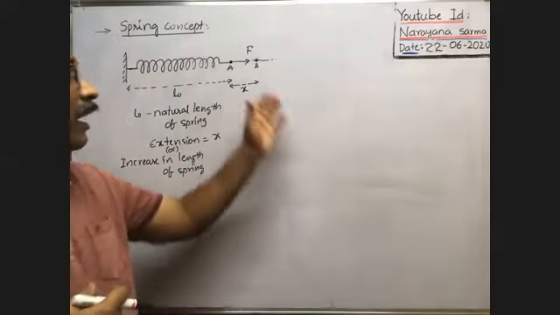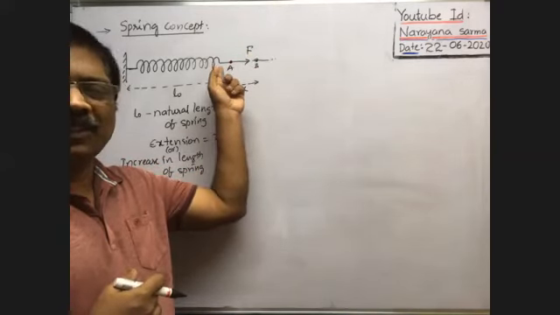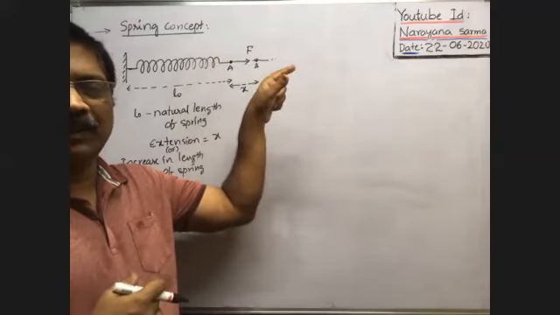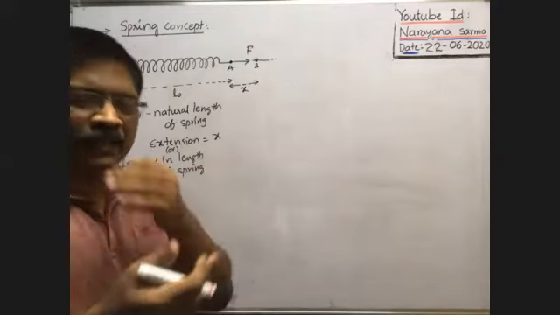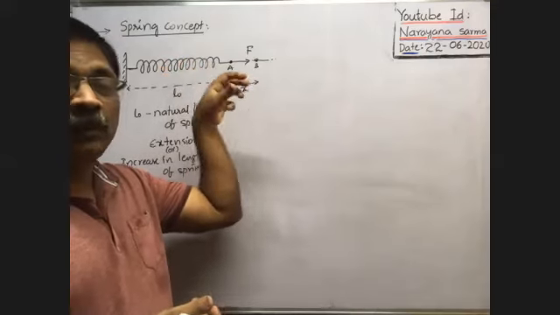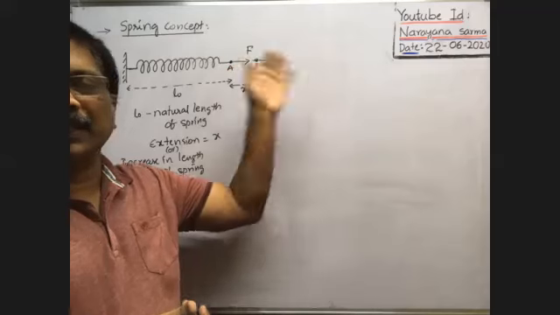But after extension, when you remove the external force, automatically it comes back to the initial position or natural length. Means definitely whenever the size of the spring changes, whether it is compressed or extended, some force is developed inside the spring which brings the spring back to its original position or original shape after removal of the external force.